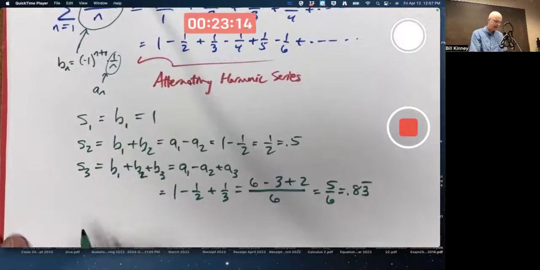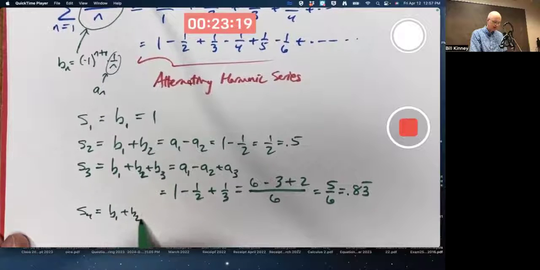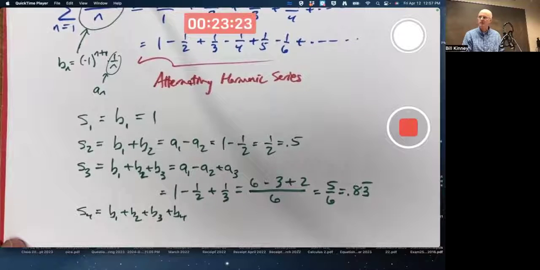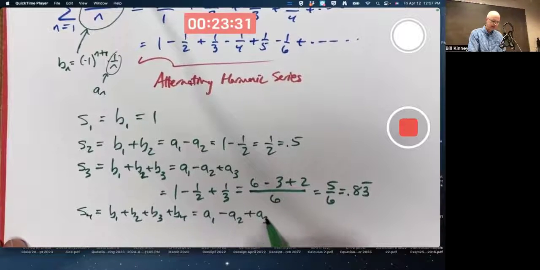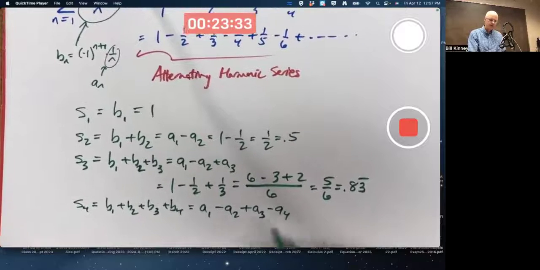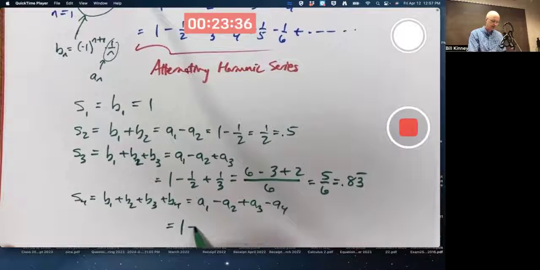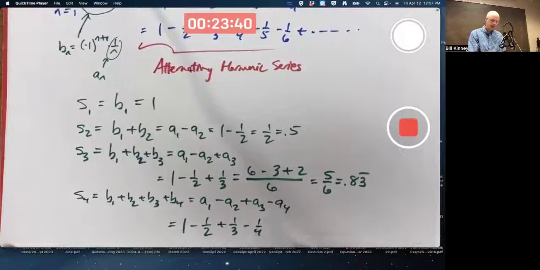Let's do one more by hand. S4 is b1 plus b2 plus b3 plus b4. The b's are the terms that are being added. In terms of the a's, it's a1 minus a2 plus a3 minus a4. For our particular alternating harmonic series, that's 1 minus a half plus a third minus a fourth.